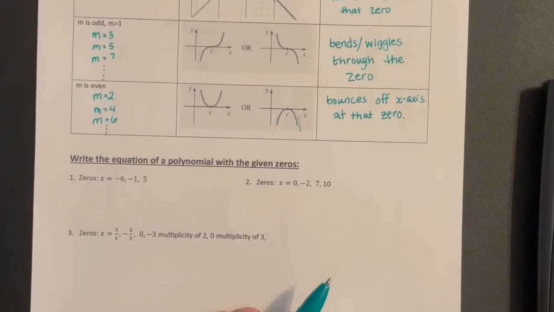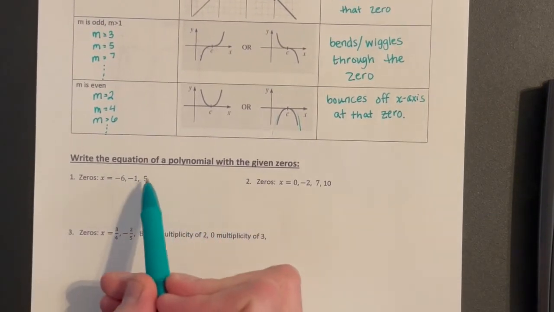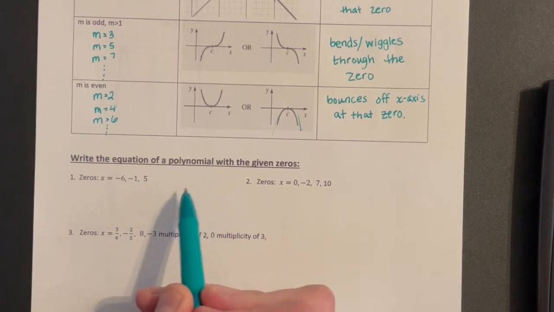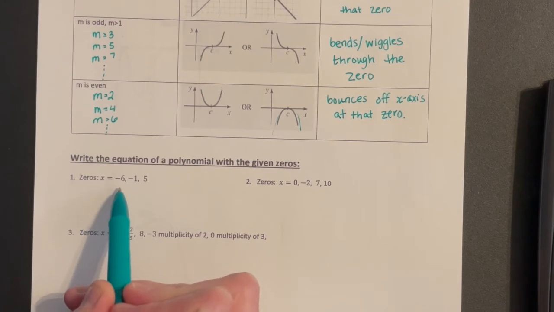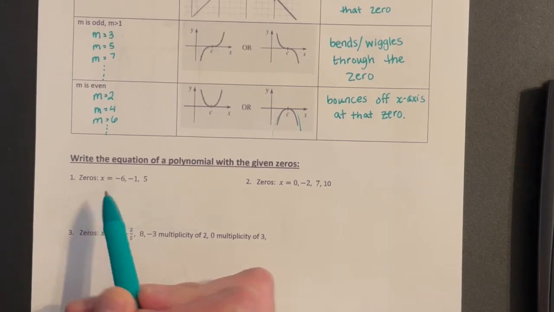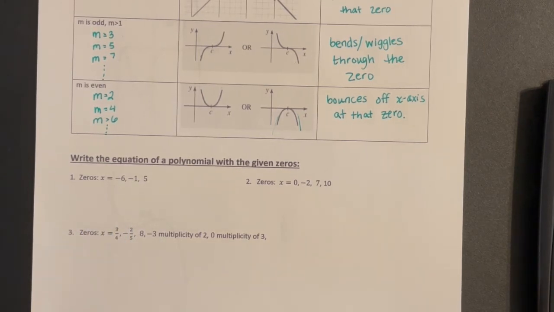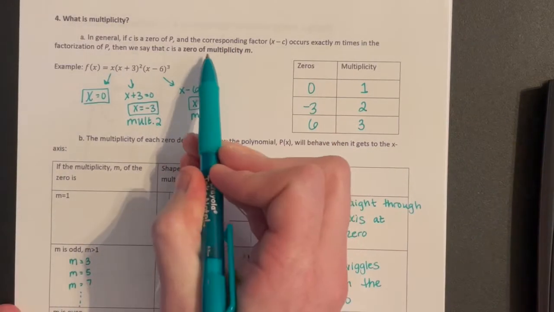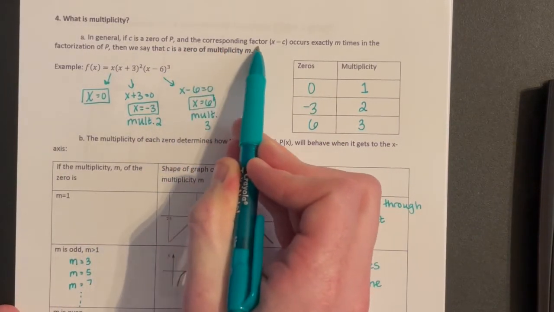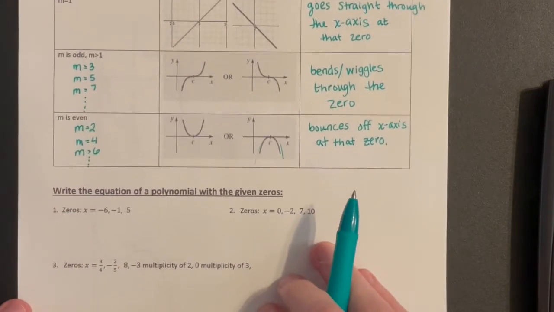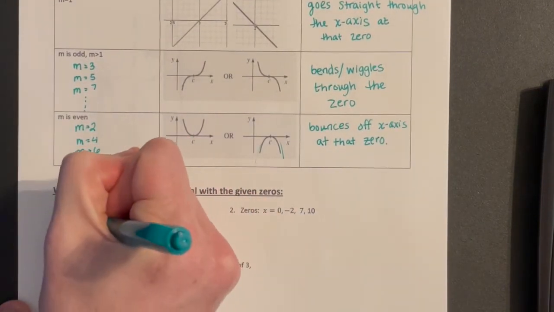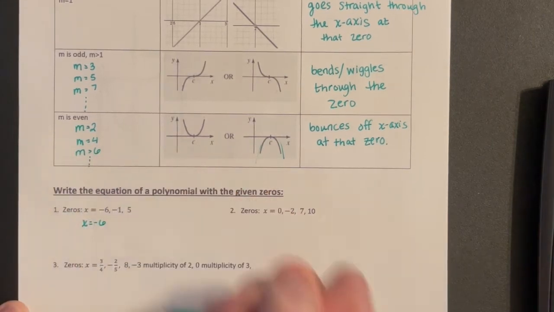Before we get to more graphs, let's start out with, can we write the equation of the polynomial given the specific zeros? So if I've been given a 0 of negative 6, we want to turn this into factored form. Now we talked about how the corresponding factor is x minus c. So you're subtracting the 0. What I like to do is say if it's equal to negative 6, there's one of the zeros.